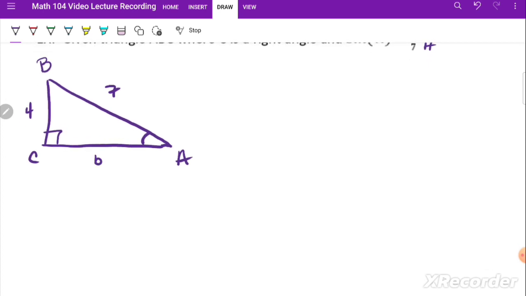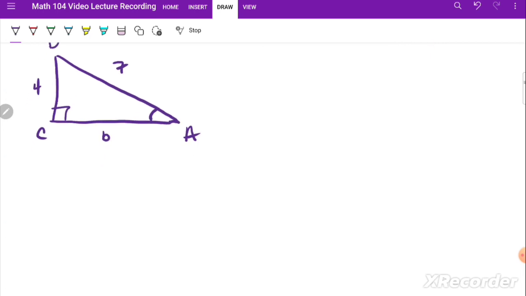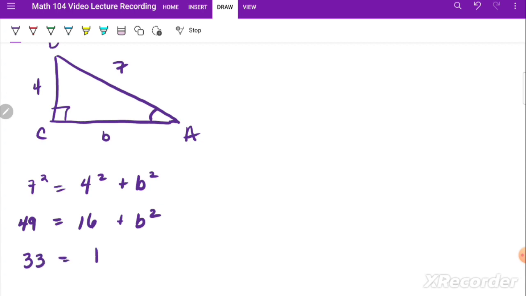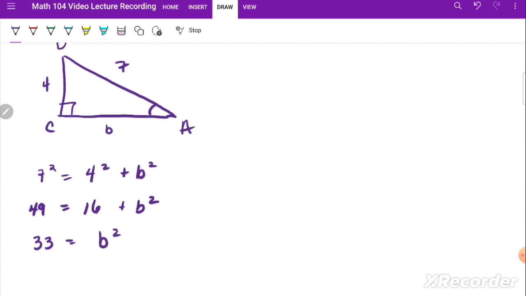I'll call it little b because it's across from angle B. 7 squared is going to be equal to 4 squared plus b squared. 49 is 16 plus b squared. So 33 is equal to b squared. Square root of both sides, we get b to be the square root of 33. And that does not simplify.